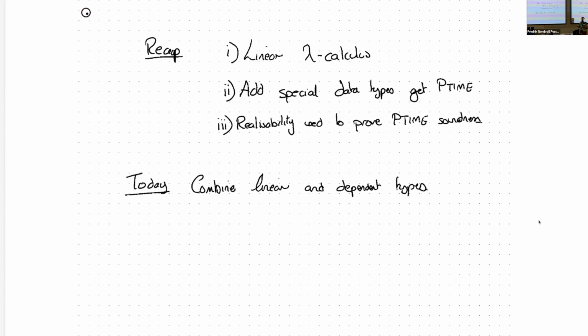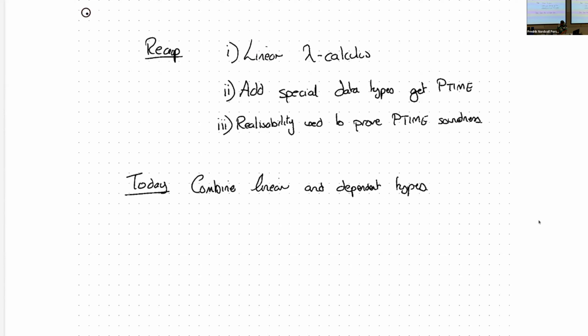Similarly for the probabilistic classes: this probabilistic program, which is allowed to do coin flips as it goes, must say the right answer 2/3 of the time. So this is why we want to combine linear and dependent types, so that we can have a dependent type theory that has as a subsystem one of these linear type systems for polynomial time.